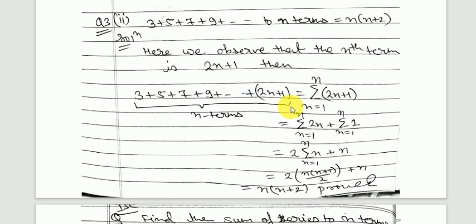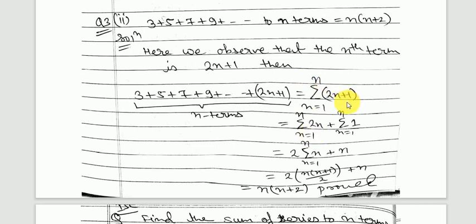So this will be equal to summation of 2n plus 1, n starts from 1 and goes till n. Once you are able to write the nth term, you put the summation sign, and since we are adding n terms, we start from 1 till n.